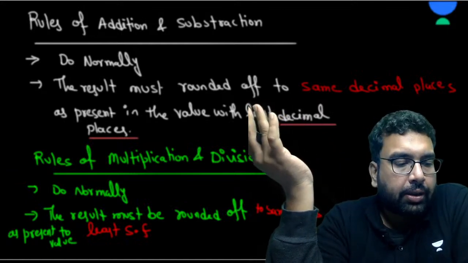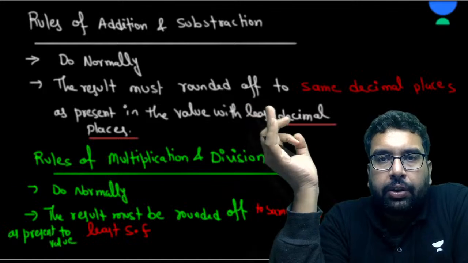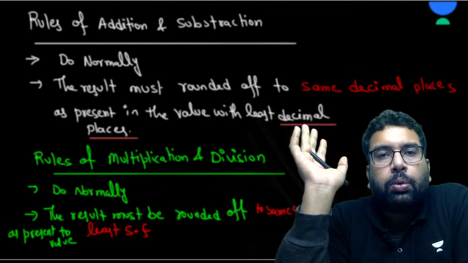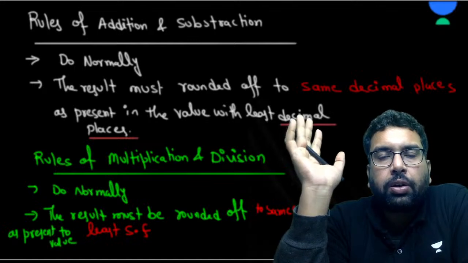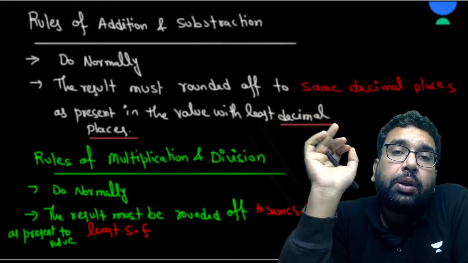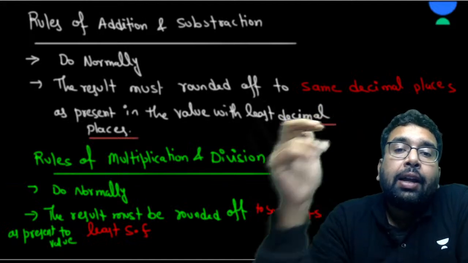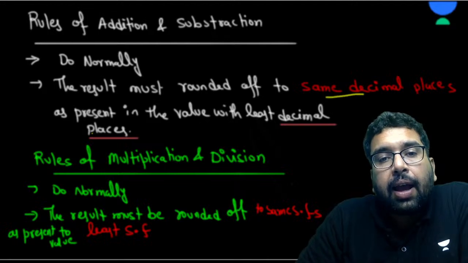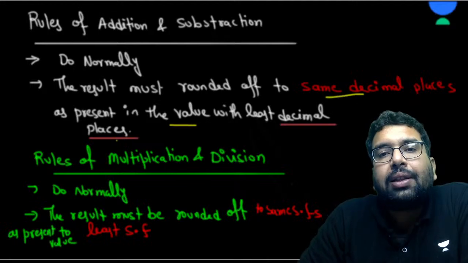Afterwards, when you do normal addition or subtraction, you will get some result. Now that result you need to round off. The important point is to round to the same decimal places as present in the value with the least decimal places.